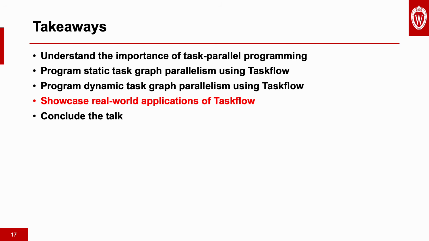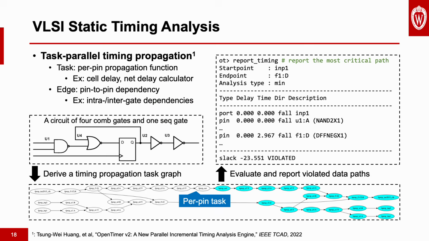Now, I'm going to present some real-world applications of Taskflow. We have successfully applied Taskflow to parallelize an important application in VLSI design, that is static timing analysis, or STA. Most STA algorithms require us to propagate timing values from the inputs of a circuit to its output, and the computation is very irregular.